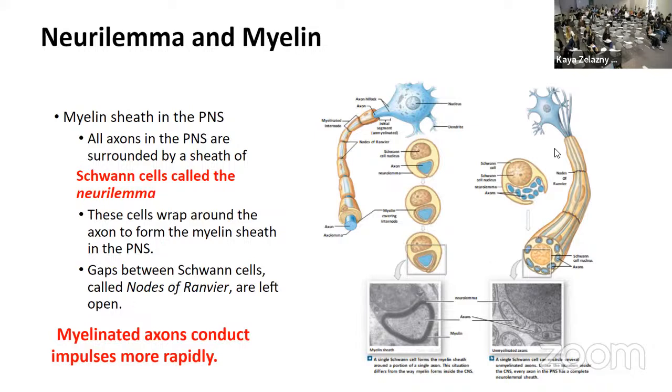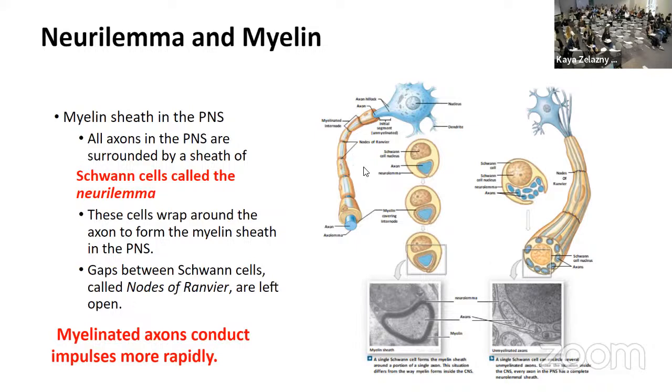So instead of my drawing, you got an actual drawing here. So you can see those nodes of Ranvier labeled out for you. You can see the axon in the center in blue, and you can see these Schwann cells wrapping around. Okay. So there is a technical name for that structure, that wrapping around of the Schwann cell, called a neurolemma.